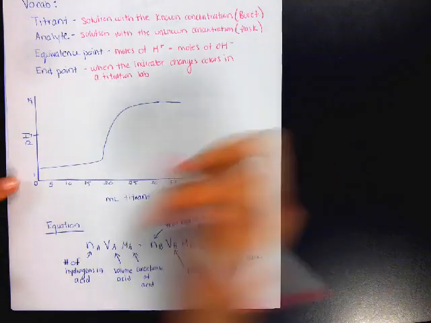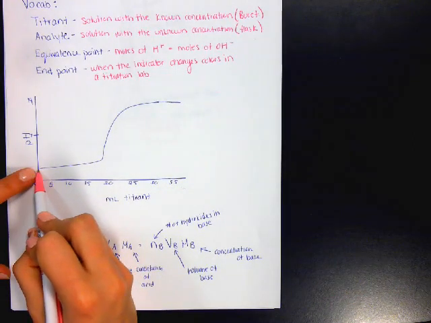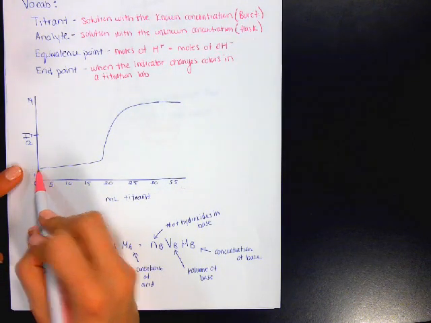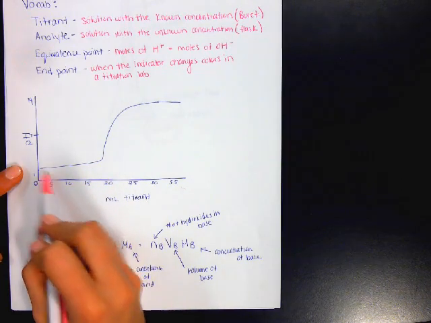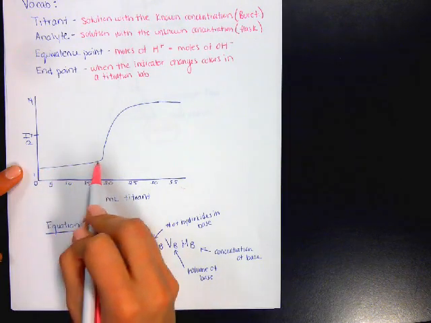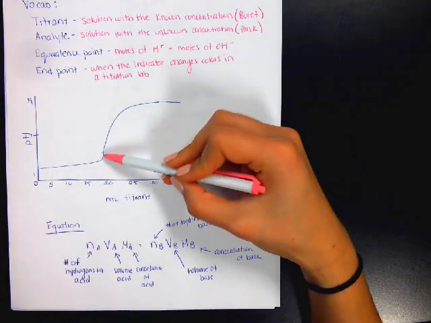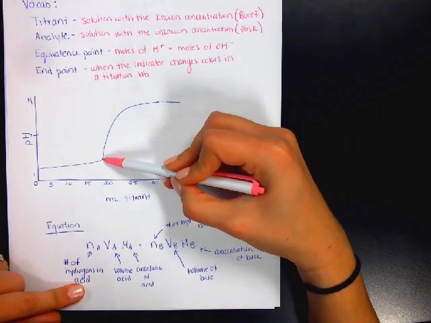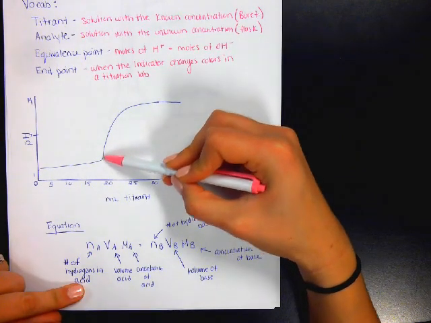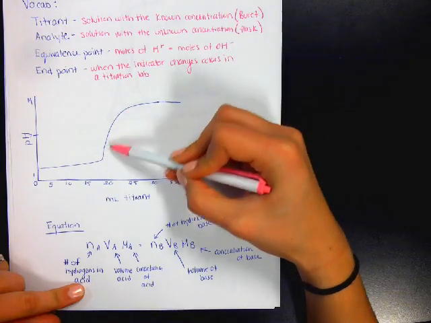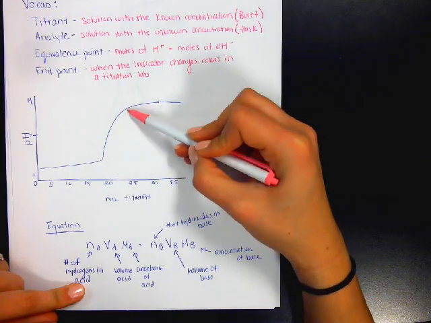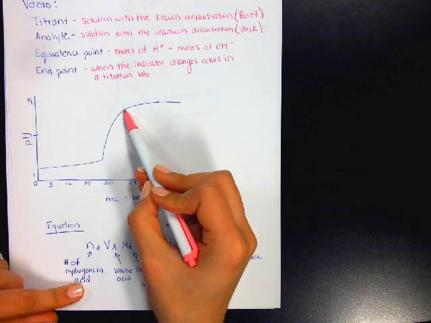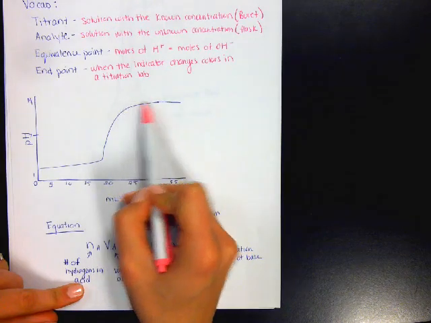So we would be starting at a really low pH, since acids have low pHs. And it would keep getting a little bit higher, until we've reached a point where we're really close to the equivalence point. And when we're really close to the equivalence point, our pH shoots up quickly. And then once we go past our equivalence point, we are totally basic.